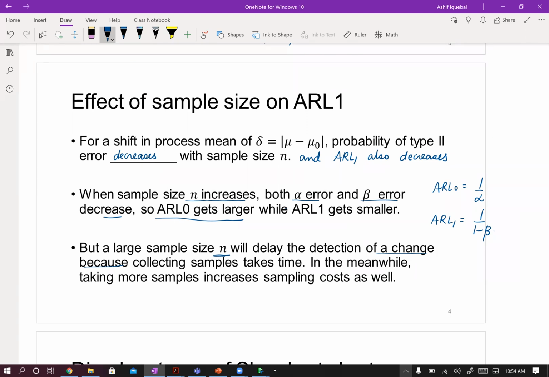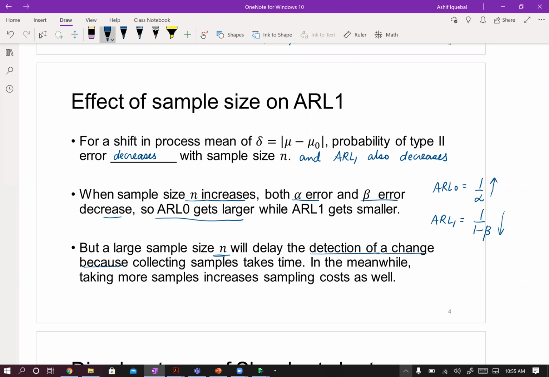So that will delay your detection. Also, when you take measurements, it will increase the cost. So although we can increase n and get a very large ARL0 and a very small ARL1, it will increase the detection time because it takes a lot of time to collect samples, and it will also increase the overall cost of the change point detection.